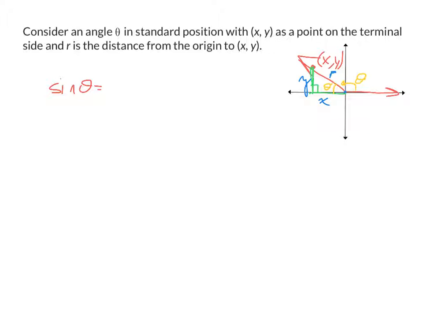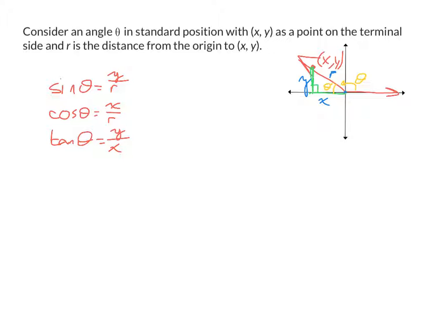So theta prime, if we do opposite over hypotenuse for sine, that is opposite over hypotenuse. Cosine is adjacent over hypotenuse. Tangent is opposite over adjacent.